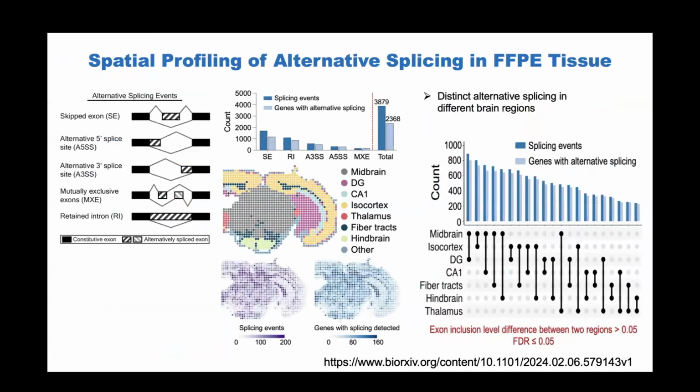But what is much more exciting is you are no longer limited to spatial gene expression. You can look at a lot of interesting RNA biology. For example, here, different alternative splicing isoforms, as depicted by this diagram, we were able to detect spot by spot across the whole tissue section.